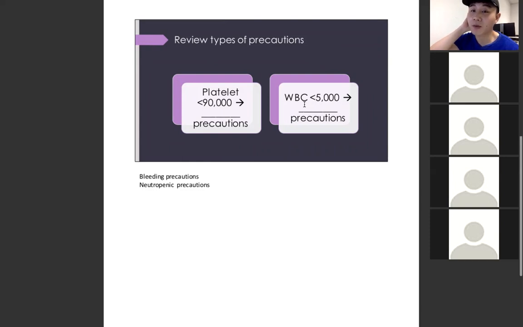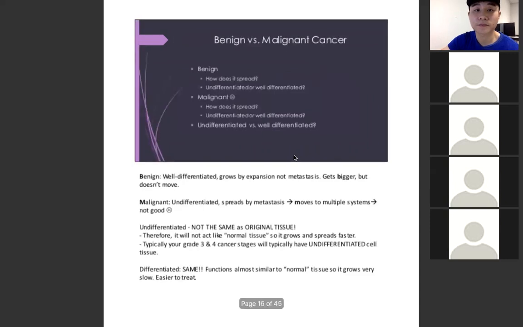Patients can mostly only eat canned food or food that has been pasteurized. So no fresh vegetables for them, okay? Oh, and also no milkshakes from fast food restaurants, if you guys remember, because we never know if they clean those machines or not. So that's one of the neutropenic precautions.